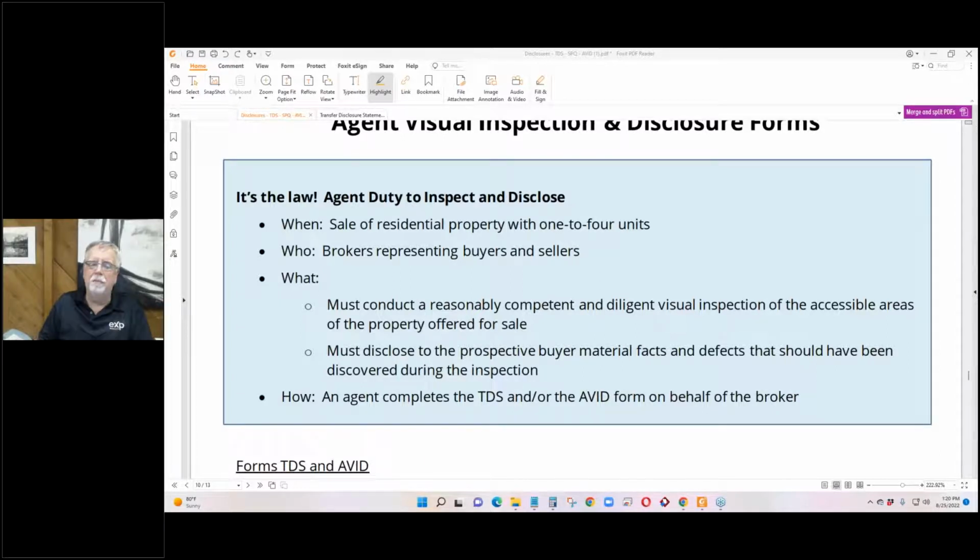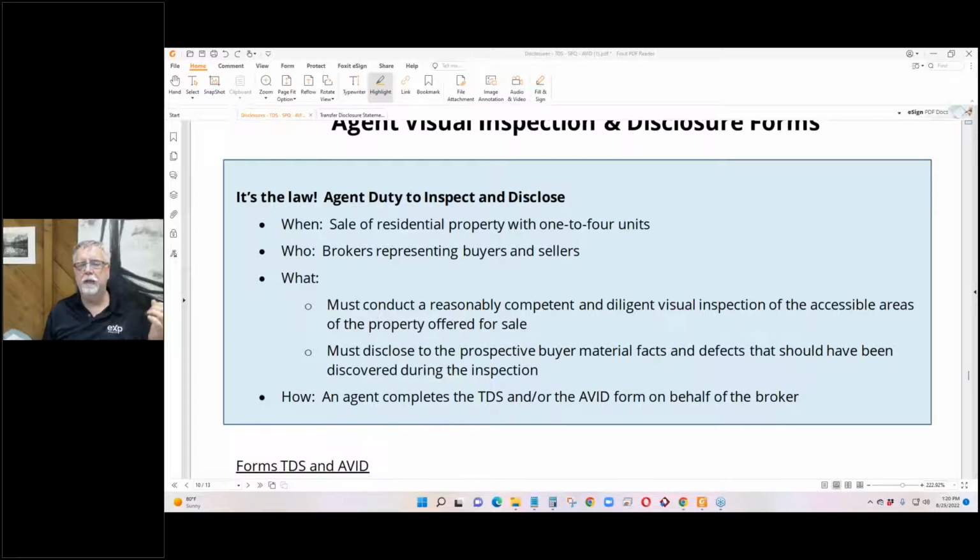So if you get a property inspection, you don't have to go back and change your AVID, nor does the seller have to change the TDS or the SPQ, unless it was something that they said, oh no, I just didn't even realize that. Now, if they say, oh yeah, I knew that the plumbing leaked, I just forgot to mention it, that sort of thing, we would amend the TDS, right?